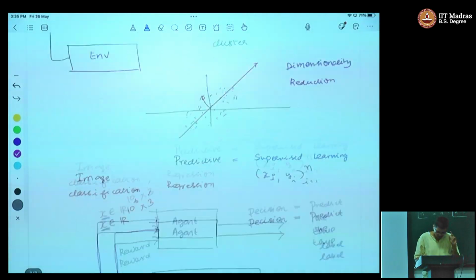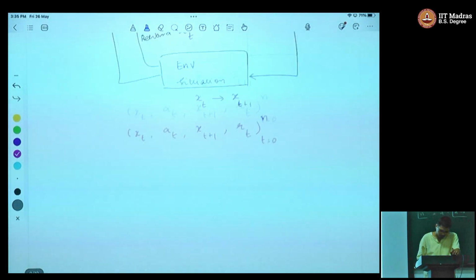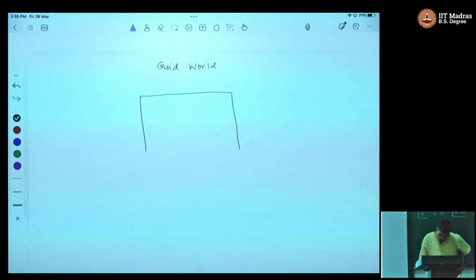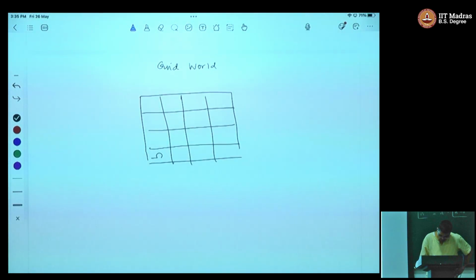Okay. So let me ask a very simple problem. Let us take a very simple environment which is known as grid world. In this environment, think of some maze. In this maze there is a mouse sitting here. There is maybe cheese worth 1 here, cheese worth 10 here.